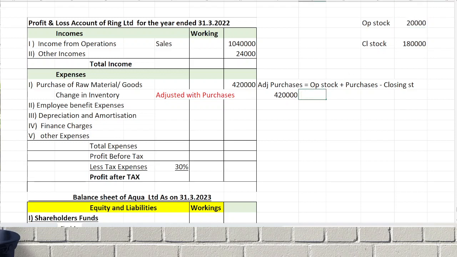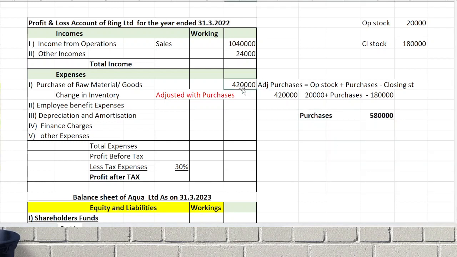So opening stock 20,000 plus purchases minus 1,80,000. Work it out and the balancing figure for purchases comes to 5,80,000. This is purchases without adjusting the inventory.